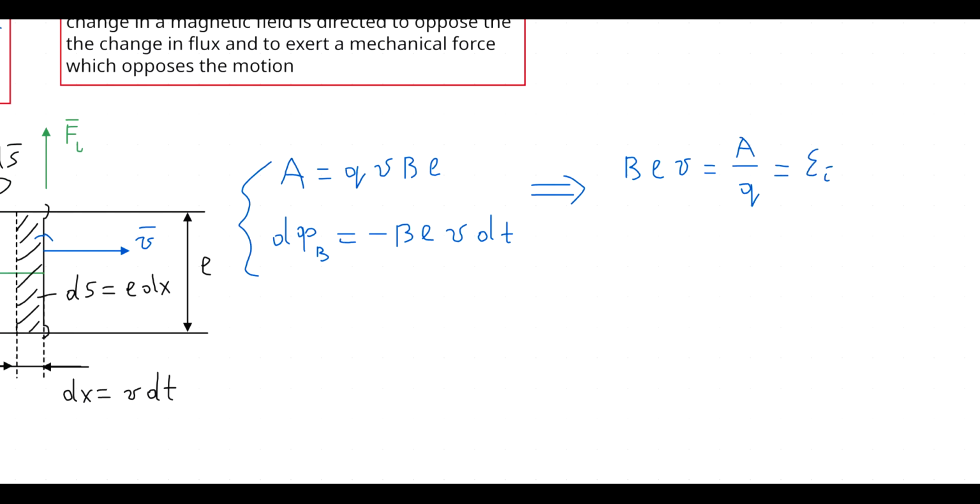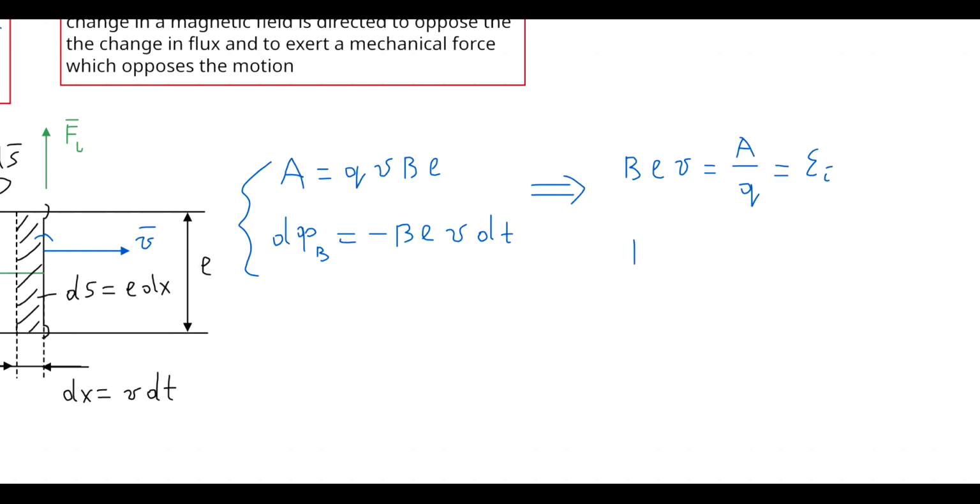In this case, this is the electromotive force of induction, and this is the main cause of inductive current.